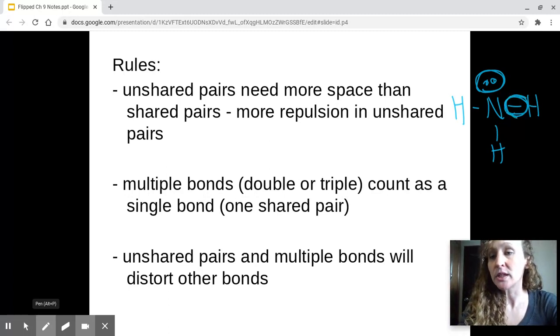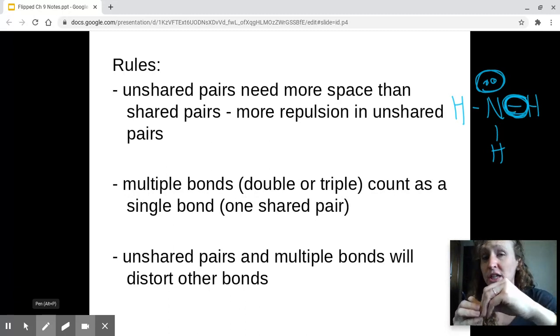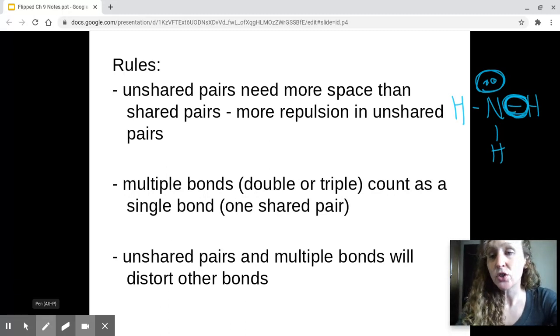Because these electrons are localized between the nitrogen and the hydrogen, being shared between 2 atoms, they take up a smaller amount of space. Because these 2 electrons on nitrogen aren't shared with anything, they're going to take up a bigger amount of space.